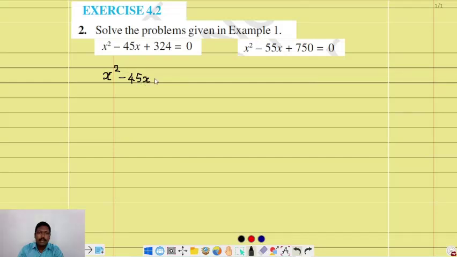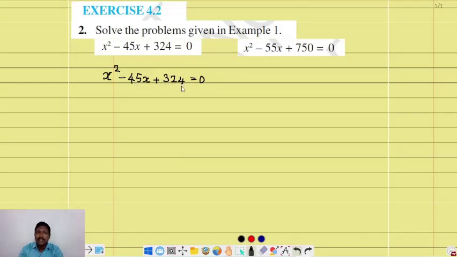Okay, so product of two numbers is 324 and sum of two numbers is 45. See, product is plus 324.